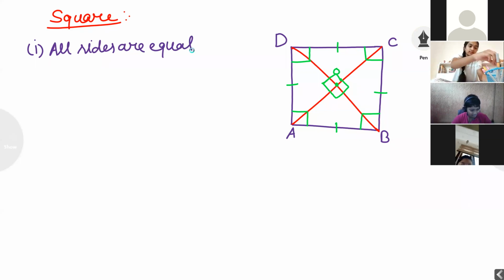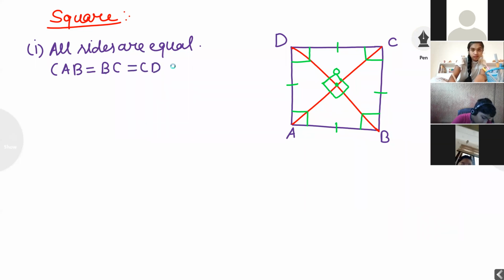AB is equal to BC is equal to CD is equal to DA. On the bracket now down. Don't write small letter, write in capital letter. AB is equal to BC is equal to CD is equal to DA. Second property, each angle is right angle.